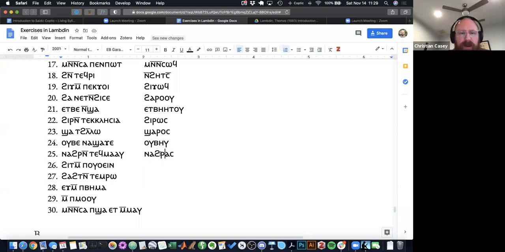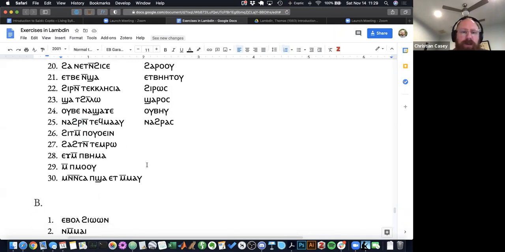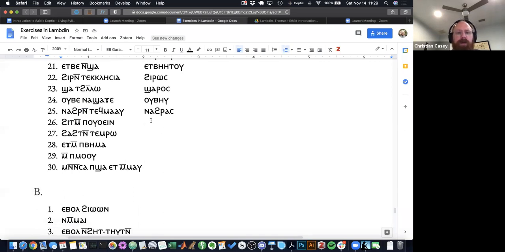Like we have this ren, but it becomes ras instead of ros. So it's clearly not from the word mouth. And then we have this her combination that we see in others, like in the word ha, which means under, becomes harof. We can see that it's made up of all the similar parts, but we don't know exactly what the etymology is or how it breaks down. But the answer is correct, nahras, third person feminine, singular.